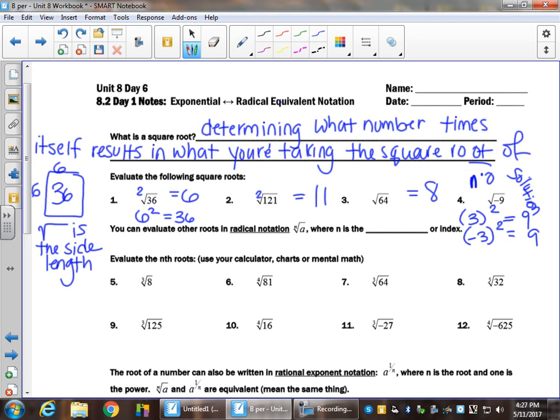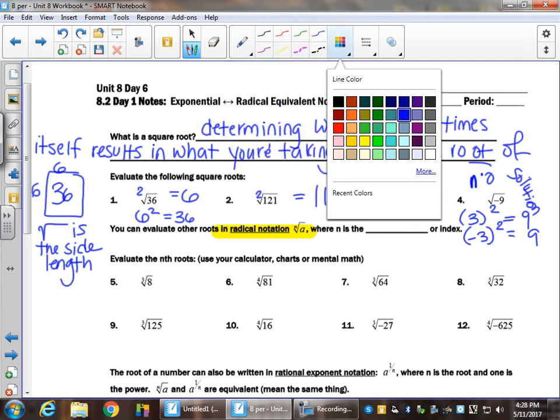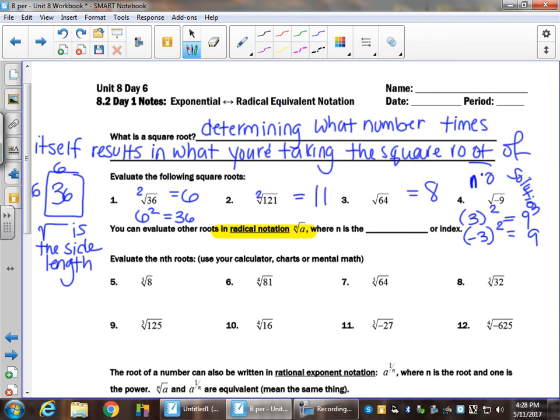We have a statement here to fill in. You can evaluate other roots in radical notation. Radical notation, use our highlighter to make this stand out. That is called radical notation when we see that symbol, where n is the root, also known as index.